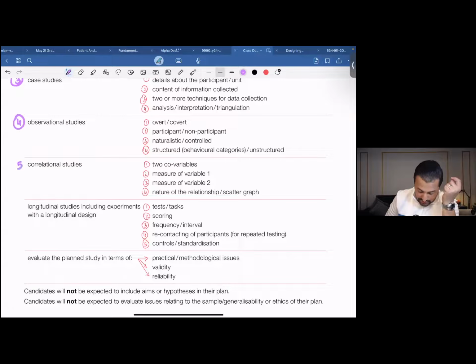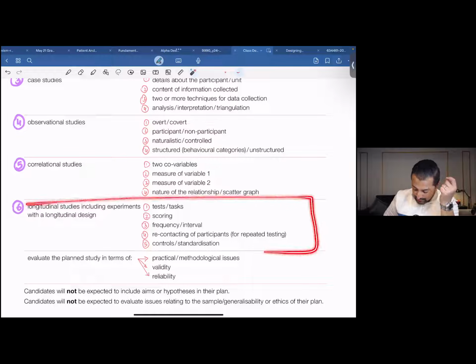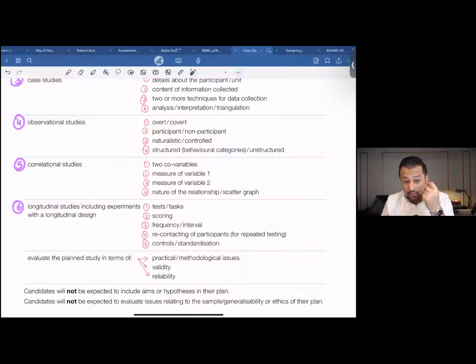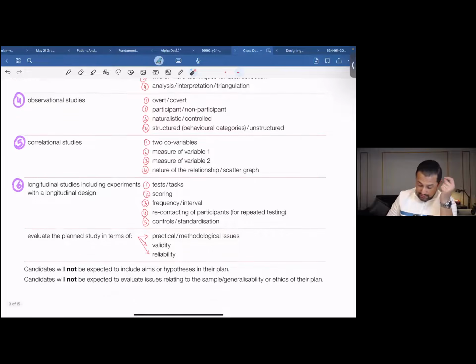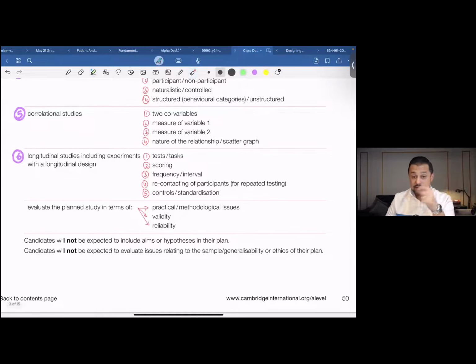For correlational studies, and this is for longitudinal research. Now, longitudinal research has been a recent addition, and you would be tested on it for the first time from 2024 onwards. Before we proceed, 2 more points to keep in mind. The first one I'd mentioned earlier as well: candidates will not be expected to include an aim or hypothesis in their plan. So you're not expected to write down the aim or hypothesis in your plan.